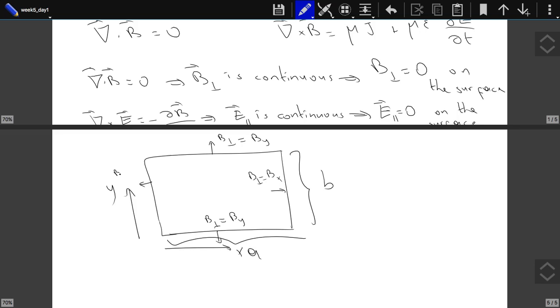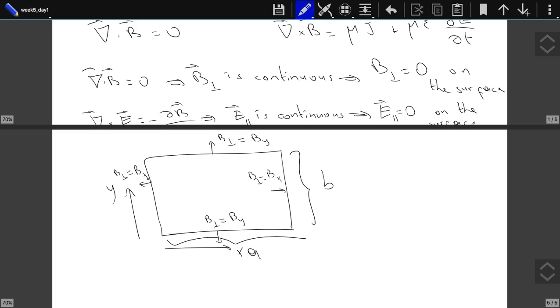And here, B perp is equal to Bx. Okay? Does it bound the metal surfaces? Yes. Well, that's my boundary. My volume is inside my waveguide. The boundary of my volume is the surface of my waveguide. My waveguide just extends up to infinity in the z direction. Now, the perpendicular direction to the surface at this point is this one, the By. The perpendicular direction is this one.